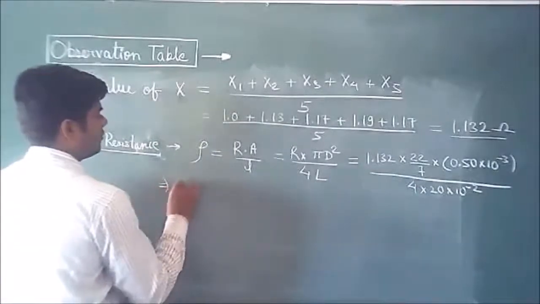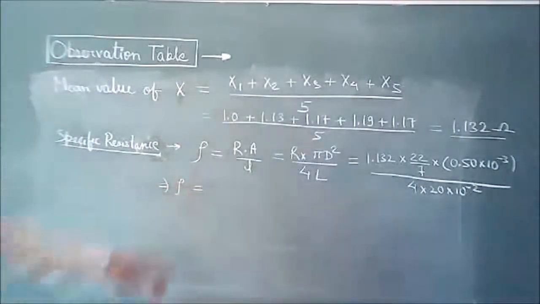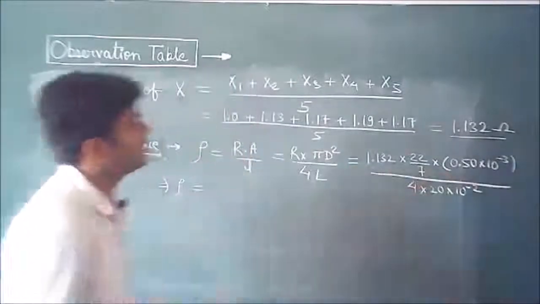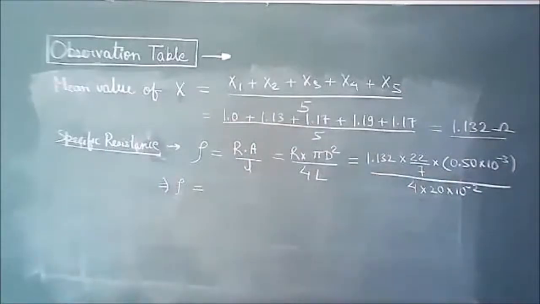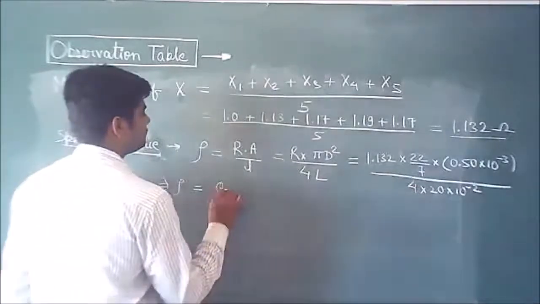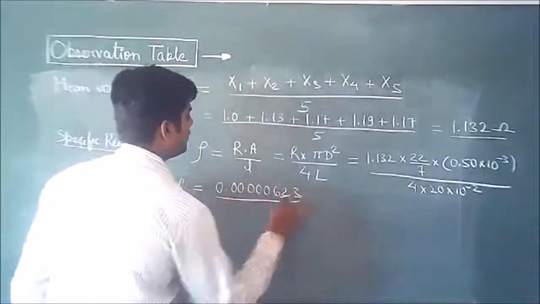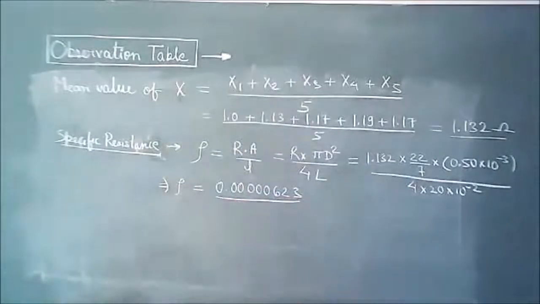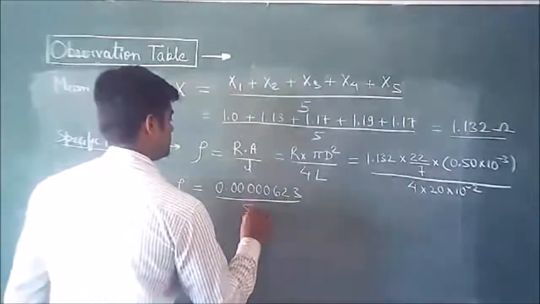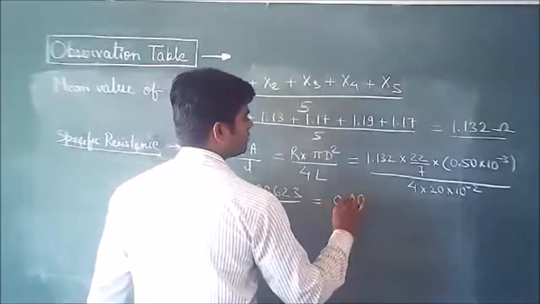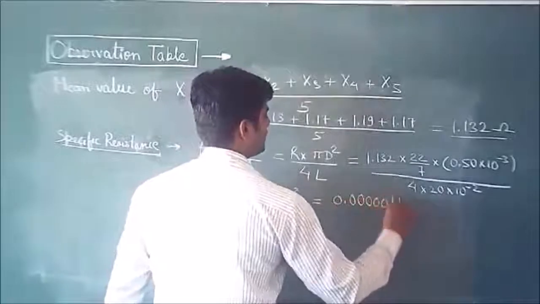So when you solve this whole thing, you will get rho as 0.0000623 upon 5.6, and dividing it you get 0.23451.